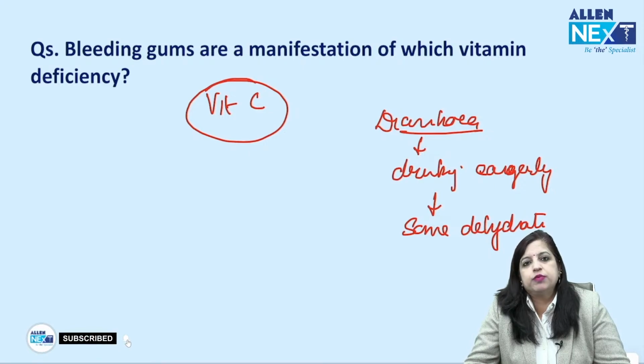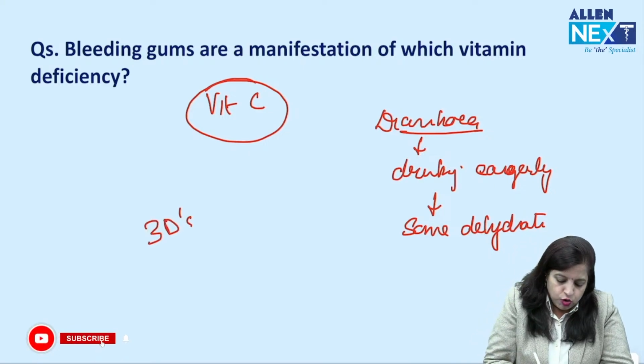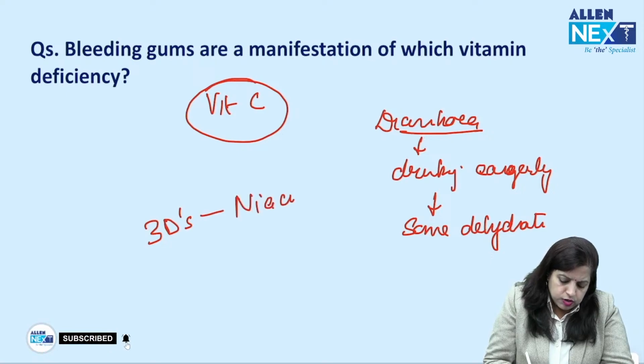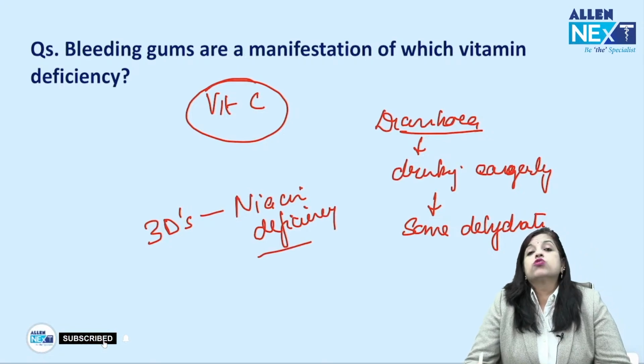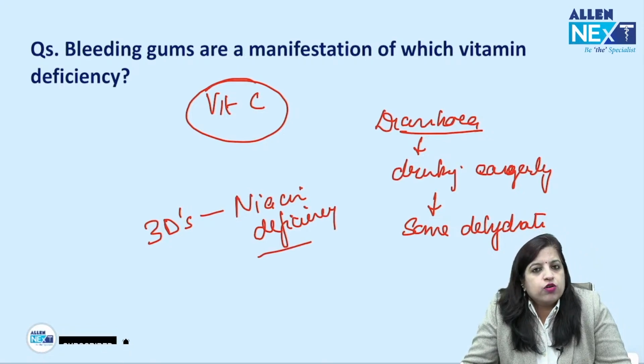Diarrhea, dermatitis and dementia. So these three Ds are a feature of niacin deficiency.